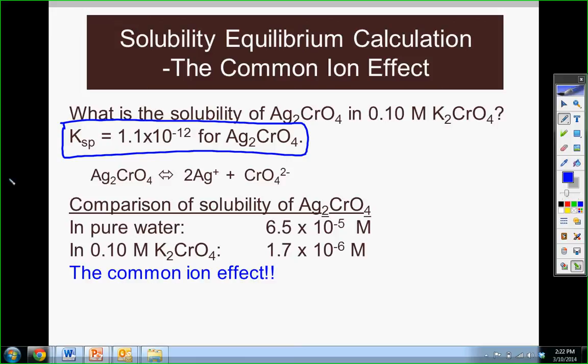Now, what did I add to it? What got added to the silver chromate? Okay, potassium chromate, but what's the most important part of it? All right, the chromate is added to it. Based on the last slide, what should happen?